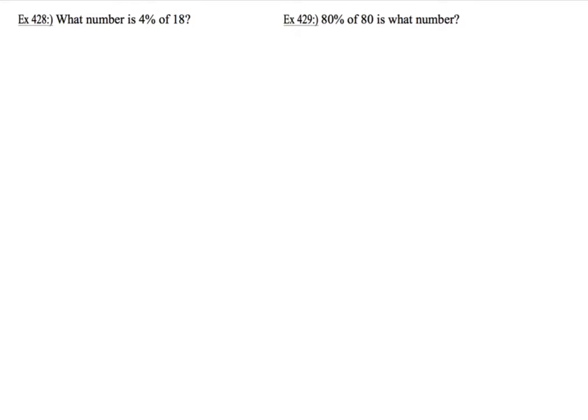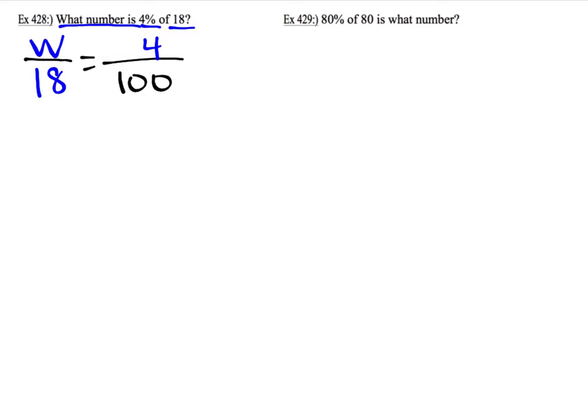What number is 4% of 18? Okay, we start with writing our percent proportion. Then we're going to fill in some numbers here. What number is, we don't know the is number, 4%, that's the percent, and of 18. We can cross multiply here. 18 times 4 is 72.